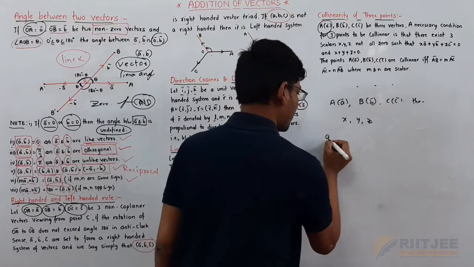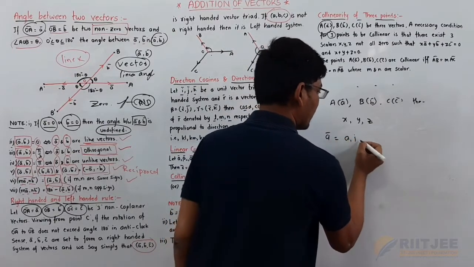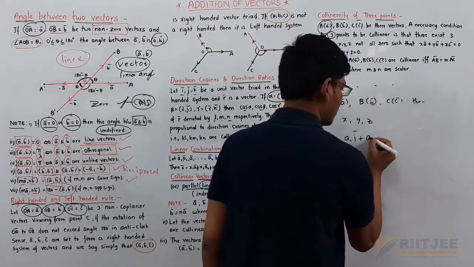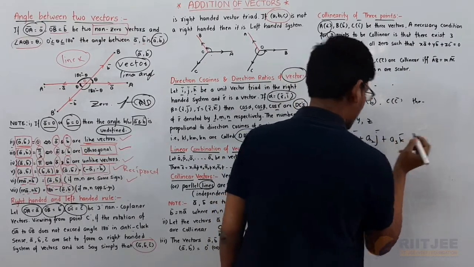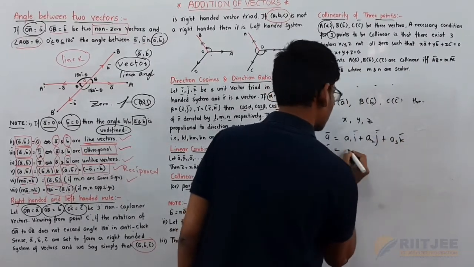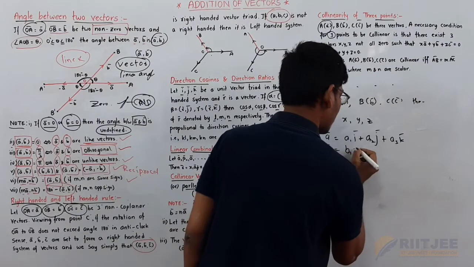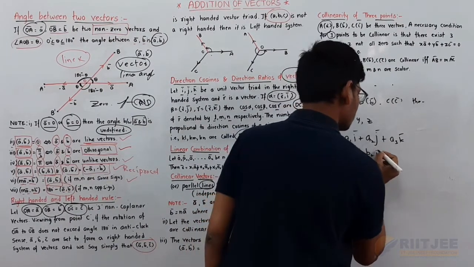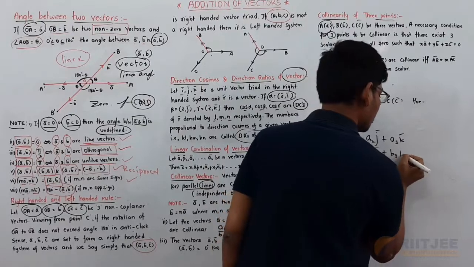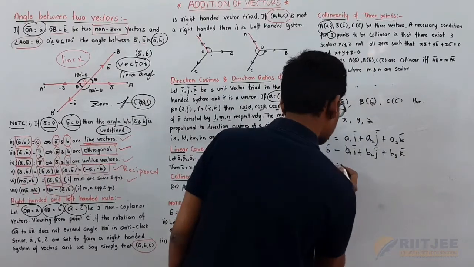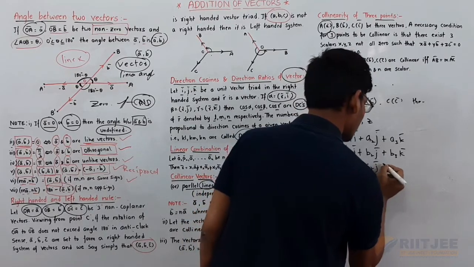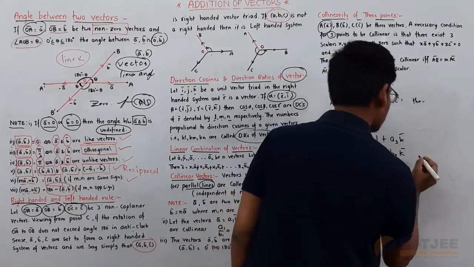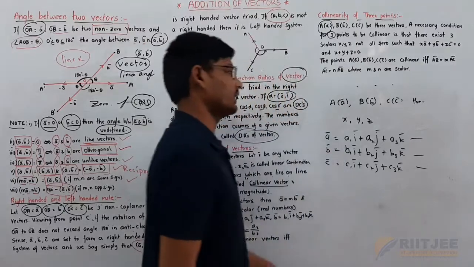I am taking A bar is equal to A1 i bar plus A2 j bar plus A3 k bar, and B bar is equal to B1 i bar plus B2 j bar plus B3 k bar, and C bar is equal to C1 i bar plus C2 j bar plus C3 k bar. Here we have 3 vectors.